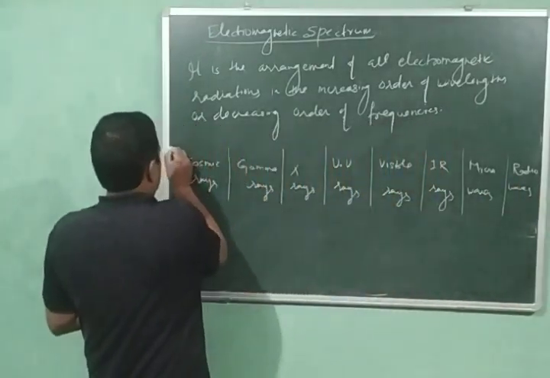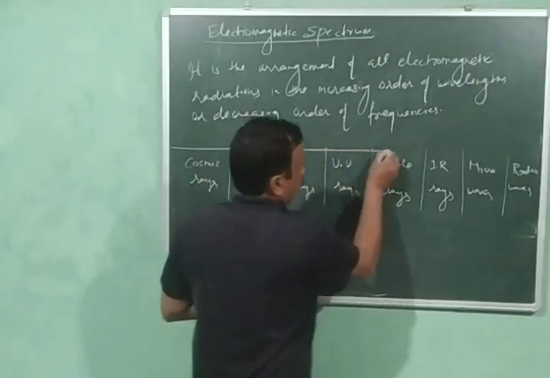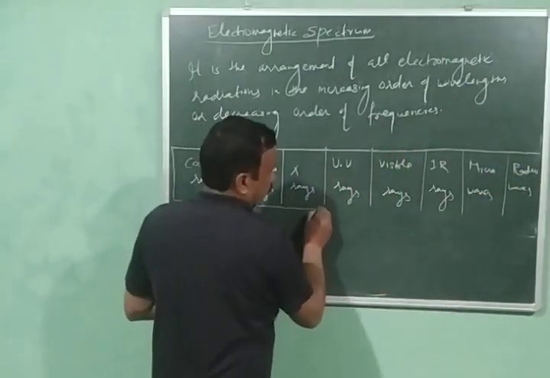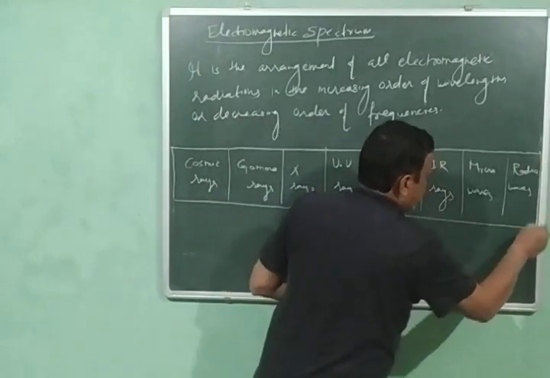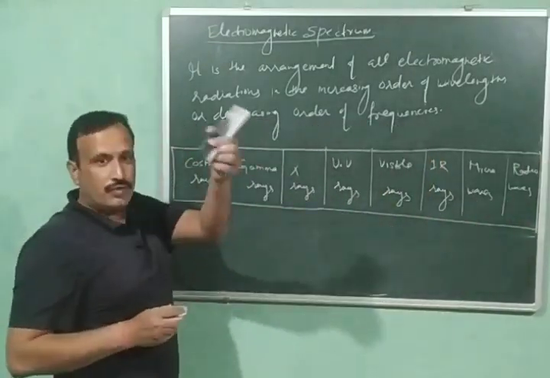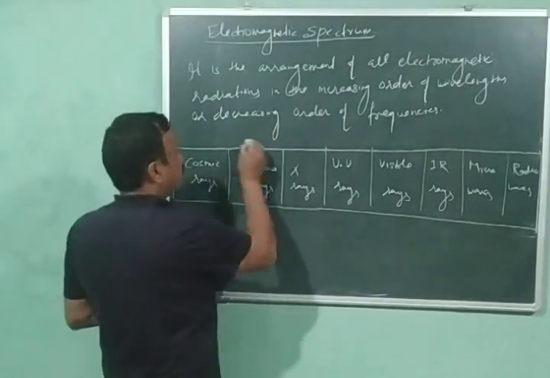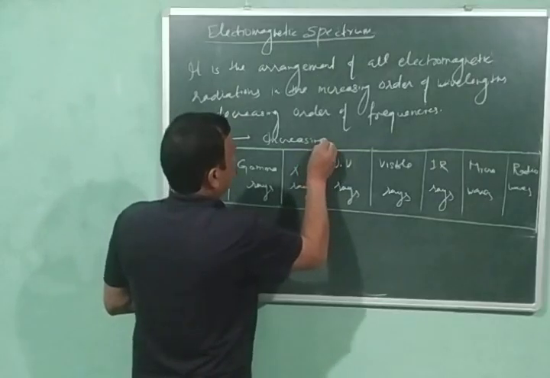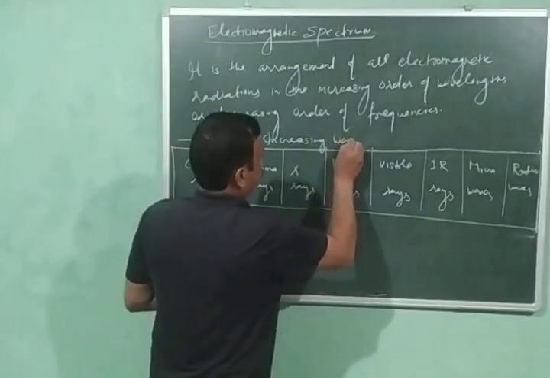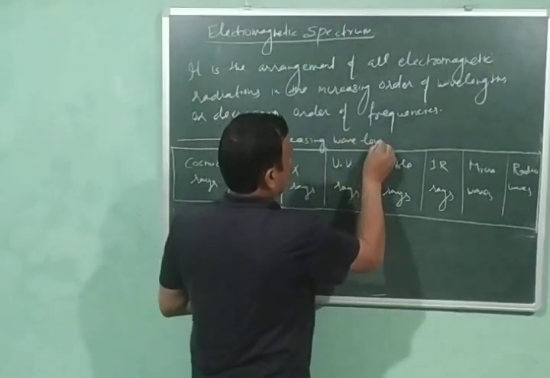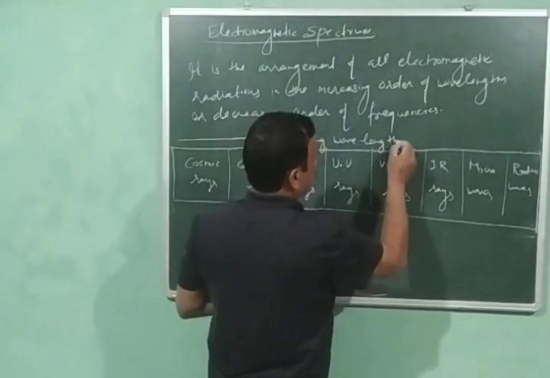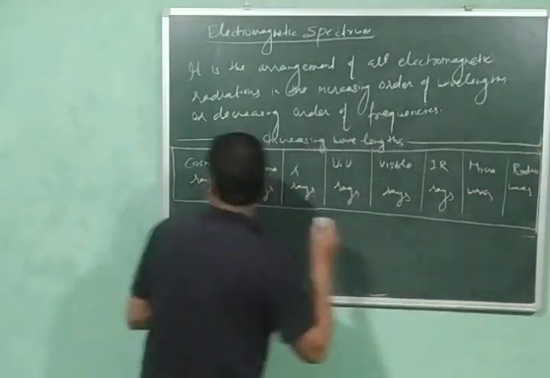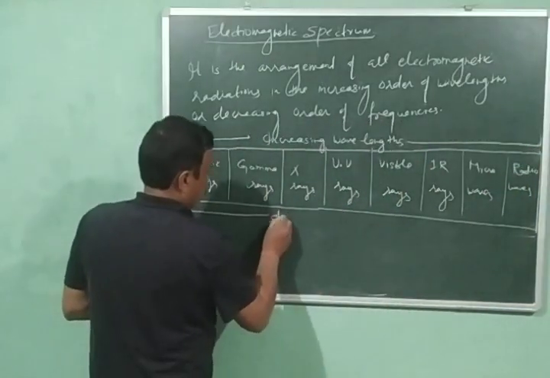Okay, so here we have arranged all the electromagnetic radiations in the increasing order of wavelength, or decreasing frequencies.